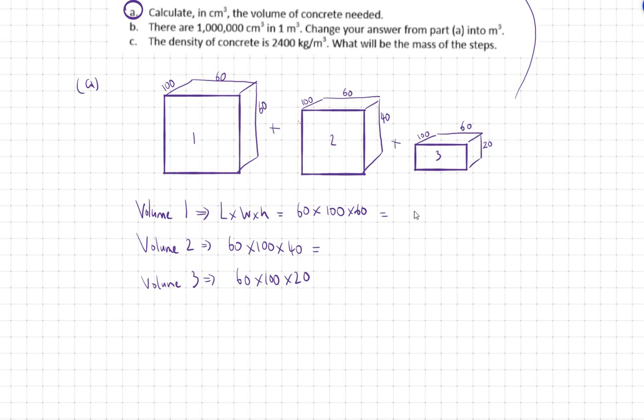Again, use your calculator to work it out. So this is going to be 360,000. This one will be 240,000, and this will be 120,000.